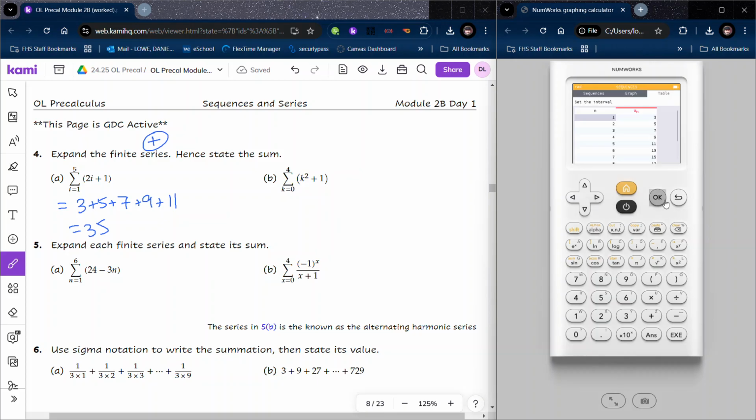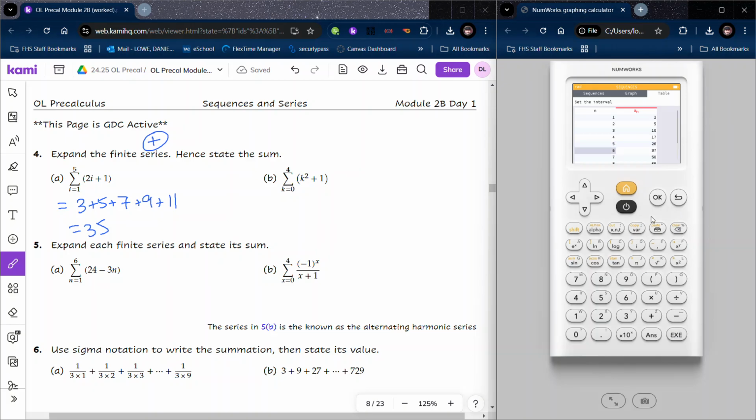How would I do it for the next one? I could come over to my sequences and adjust my sequence, and now my sequence is going to be my counter squared plus 1, and I come down to display my values. I know that this summation is going to start at 0 and end at 4, but starting at 0, it's not defined.